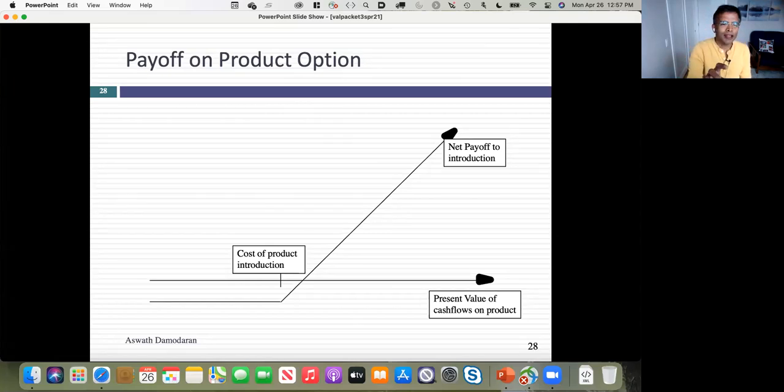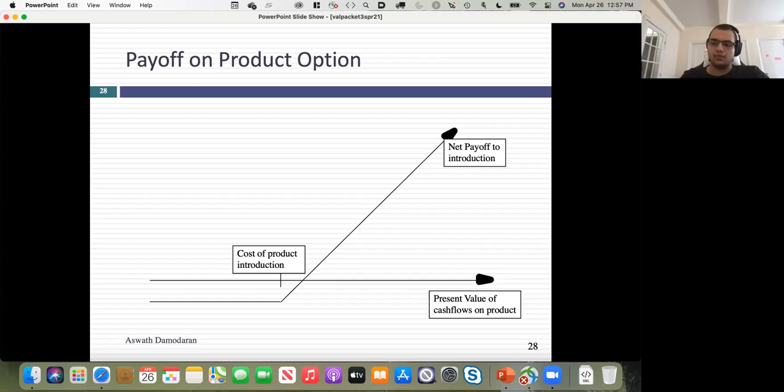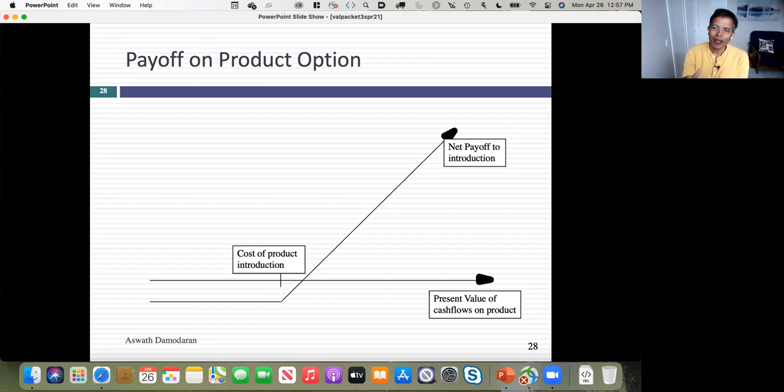Remember the Scrub Daddy, one of Shark Tank's biggest, most successful products? Have you ever seen the Scrub Daddy? When you look at it, you say, why didn't I think of this? Why did I go to school? It's like this little sponge. It looks like any sponge, but it works incredibly well. They had a patent on the Scrub Daddy, and it's generated tens of millions of dollars in revenues every year.